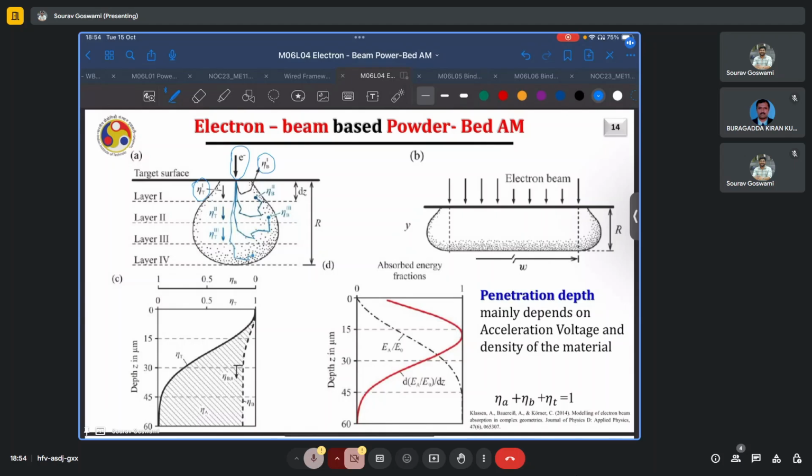Now, from the fraction that got transmitted into the next layer, one fraction will again get backscattered and they will get embedded in the first layer, whereas some part will get transmitted onto subsequent layers, and this process continues. Also, we see that the distance at which these electrons are getting embedded tends to increase before there are no more electrons which can get transmitted.